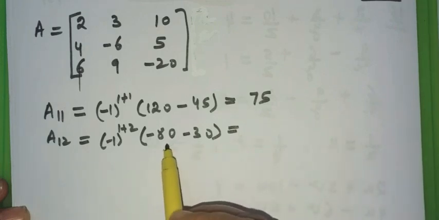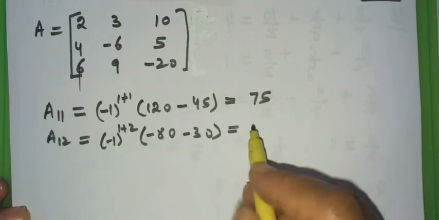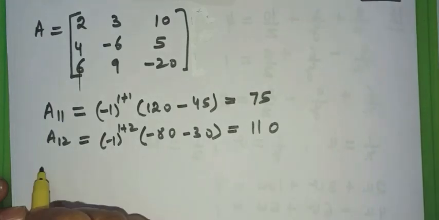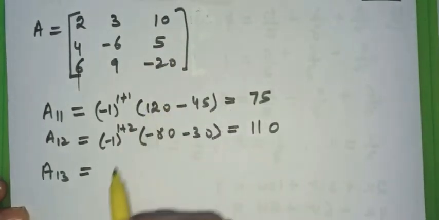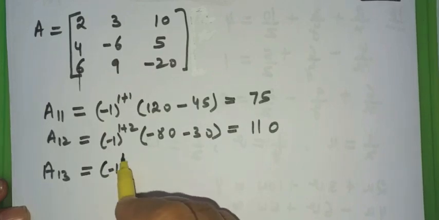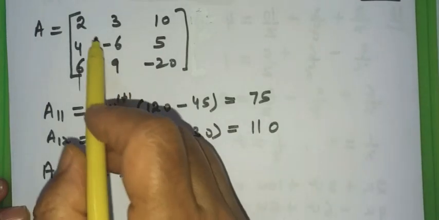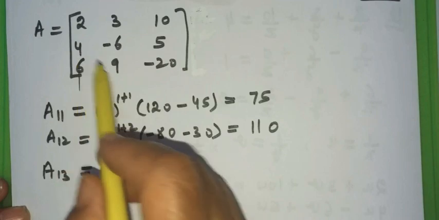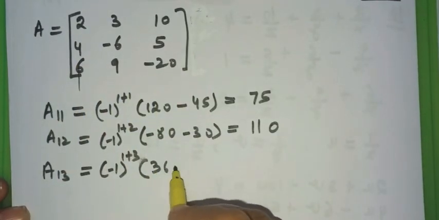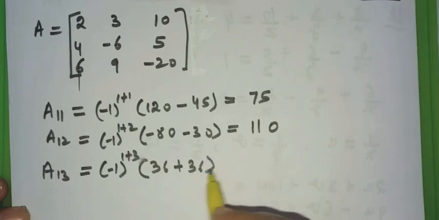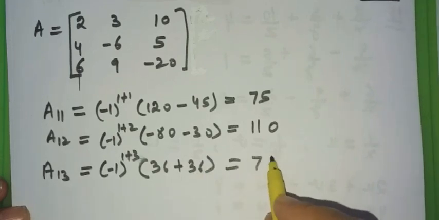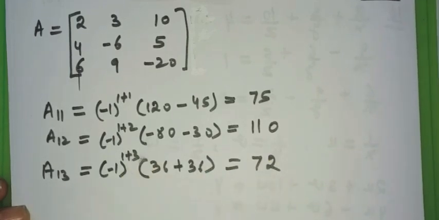With the negative sign, this is plus 110. Then the cofactor of the third element, that is 10, is minus 1 raised to the power 1 plus 3 into the minor, neglecting the row and the column, 9 into 4 is 36, minus 36, so this becomes plus 36, so 72, and minus 1 raised to the power 1 plus 3 is 4.